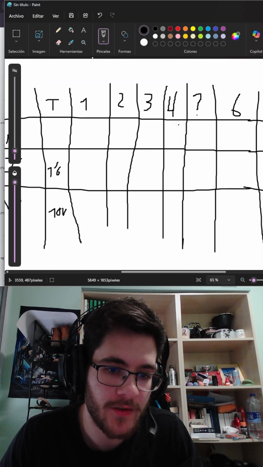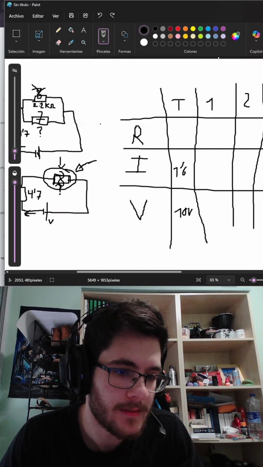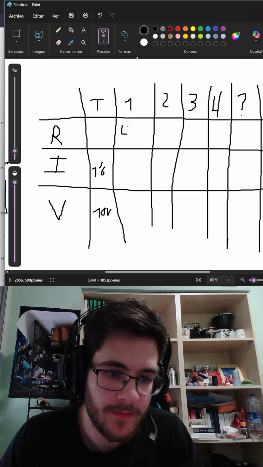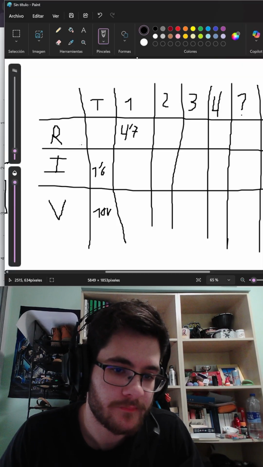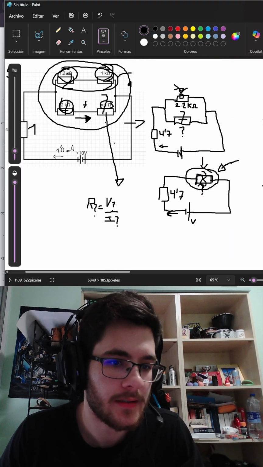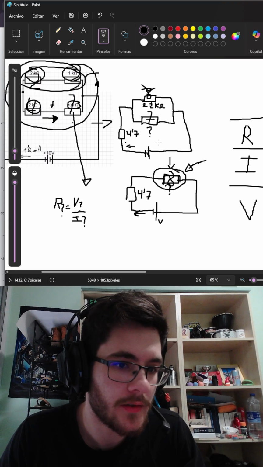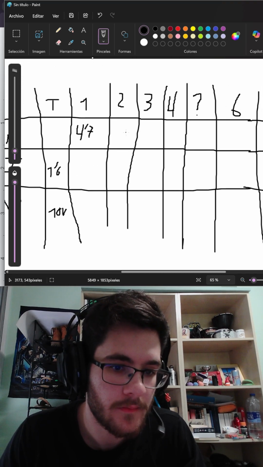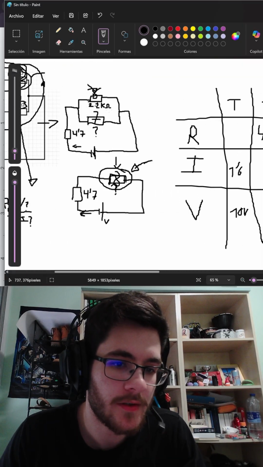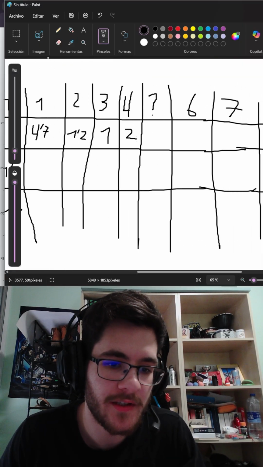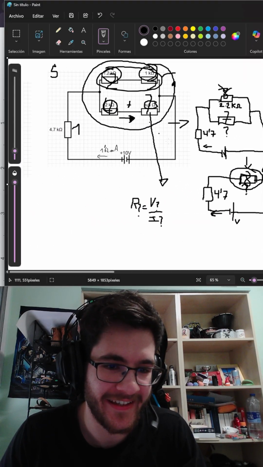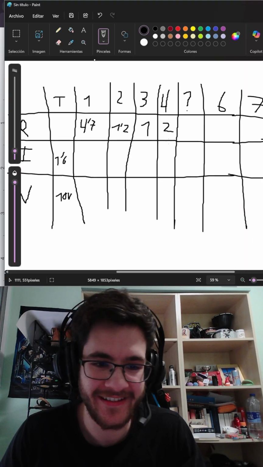Also we know the value of these four resistances: 4.7, 1.2, 1, 4, 2. Yeah, I think nobody will see this, but okay, if someone sees this, they are literally a genius.